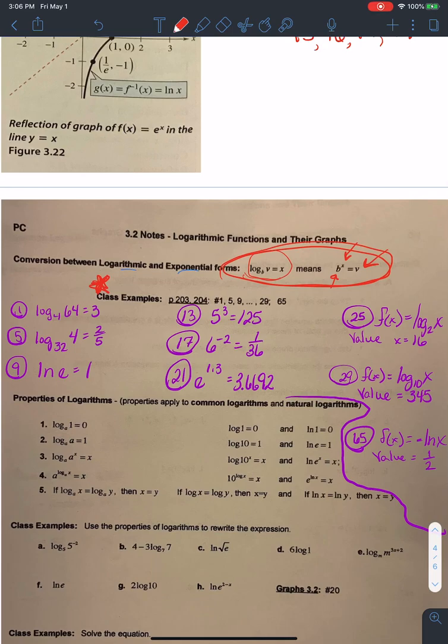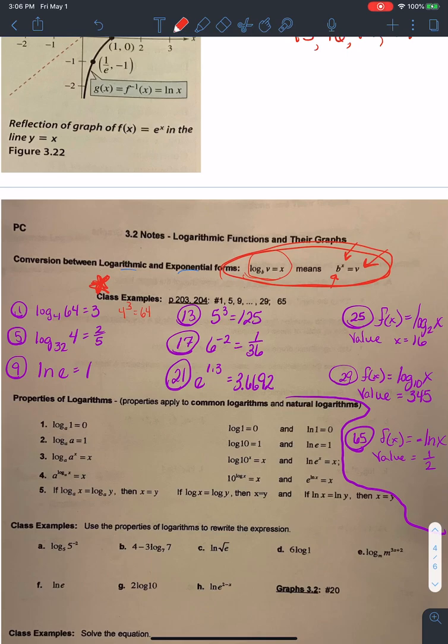So looking here at number 1, we're going to take our base of 4, goes to a power of 3, and that is going to give us a 64. Okay, now that makes sense to me. Base 4 to the power of 3 is 64. If I take 4 times 4 times 4, I get 64.